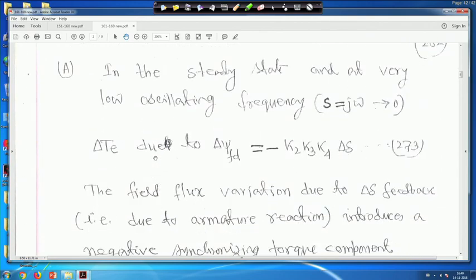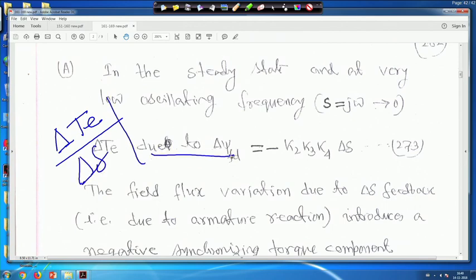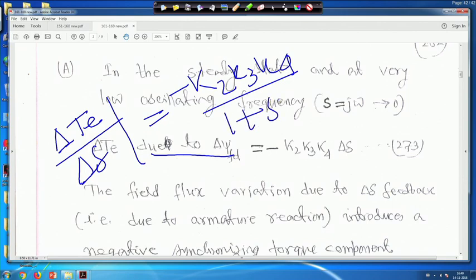Therefore, ΔT due to Δψfd, I am writing it for you like this: ΔT by Δδ due to Δψfd is equal to minus K2 K3 K4 divided by 1 plus sT3.